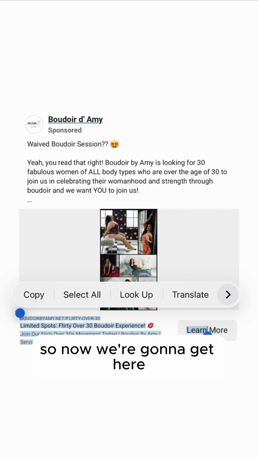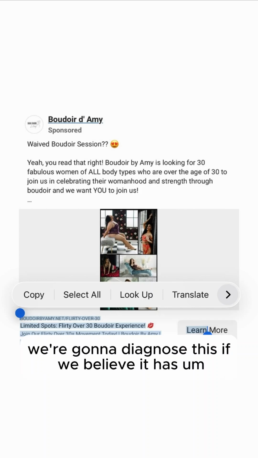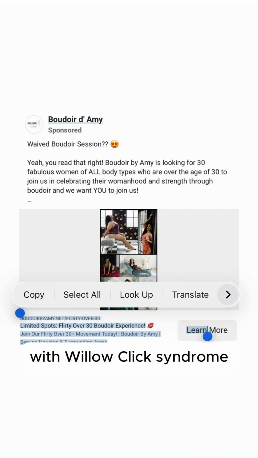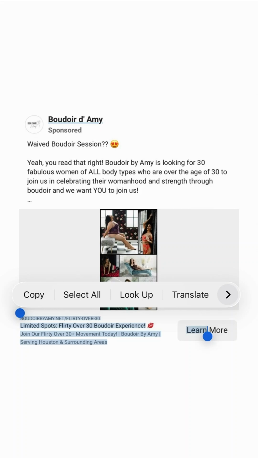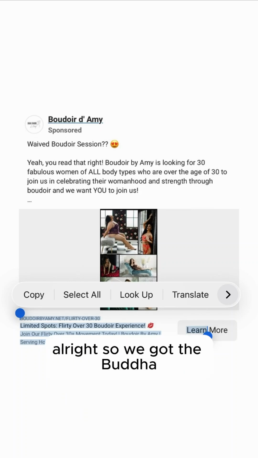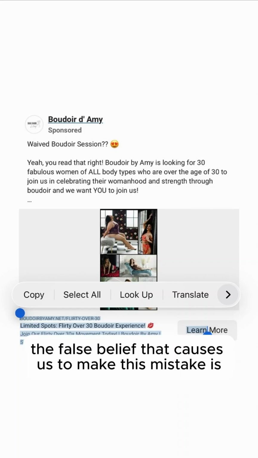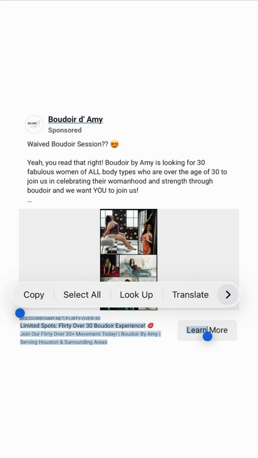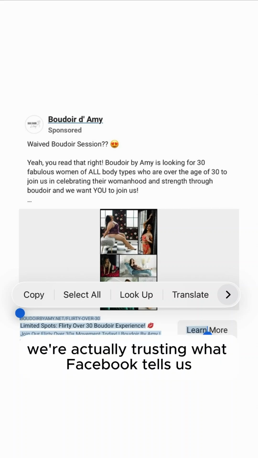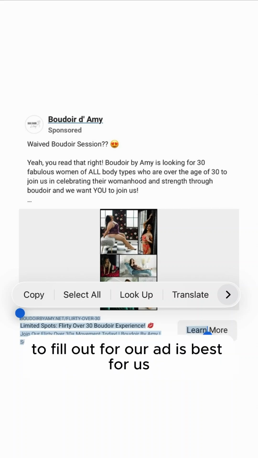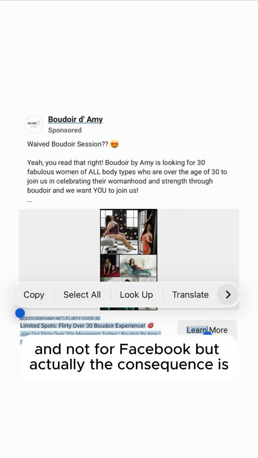So now we're going to diagnose this if we believe it has Boudoir low click syndrome. First thing I'm looking at is, all right, so we got the Boudoir below creative cluster mistake. The false belief that caused us to make this mistake is that we're trusting what Facebook tells us to fill out for our ad is best for us and not for Facebook.